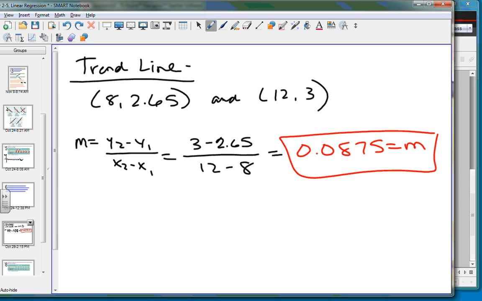So now I have my slope, and what do I need to do? I found the slope, so what do I need to find? I need the y-intercept. So which point am I going to choose? The second one. I would choose the second one because it's what? It's whole numbers. Okay, now which method are we going to use?